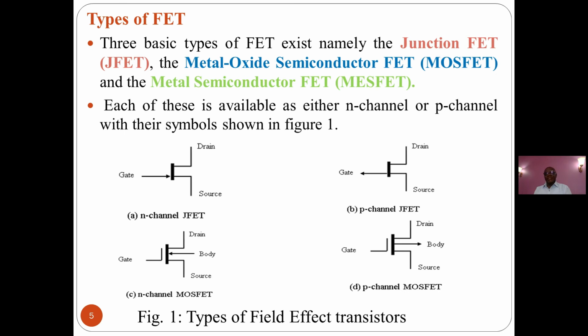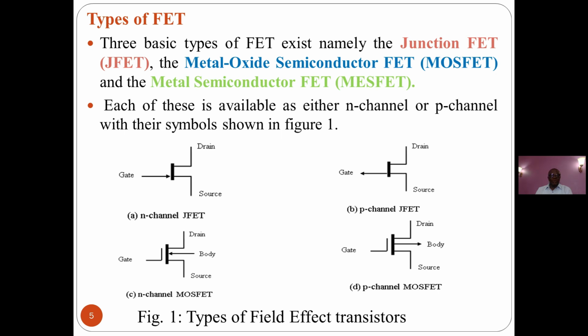Each of these FETs is available either as an N-channel or P-channel field effect transistor, with their symbols shown in Fig 1. Fig 1A is the N-channel junction field effect transistor, and Fig 1B is the P-channel junction field effect transistor.